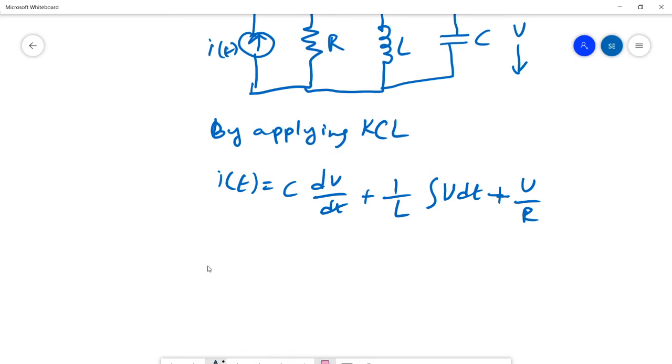So what happens if you are writing in terms of flux? Voltage is equal to d phi by dt, right?